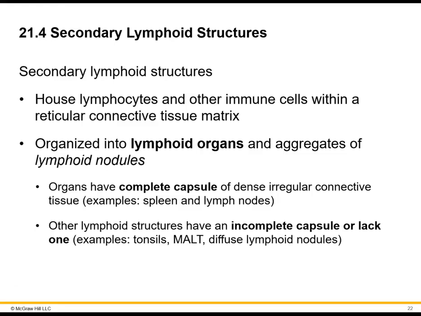The examples here are going to be the spleen and the lymph nodes. Other lymphoid structures have an incomplete capsule or completely lack one. And so they're better described as aggregates of lymphoid nodules. So this would be things like the tonsils, the mucosa-associated lymphatic tissue, and diffuse lymphoid nodules that you can find throughout various organs.